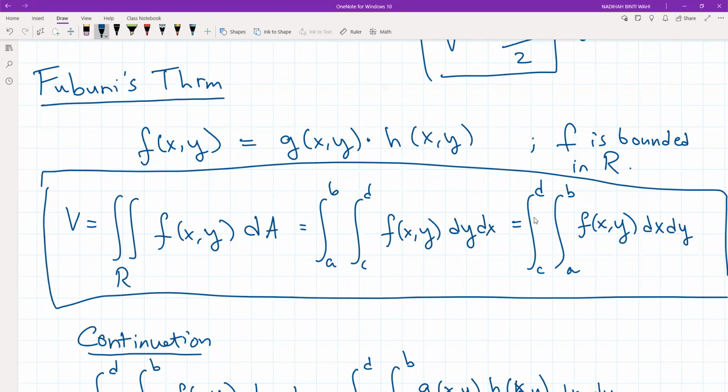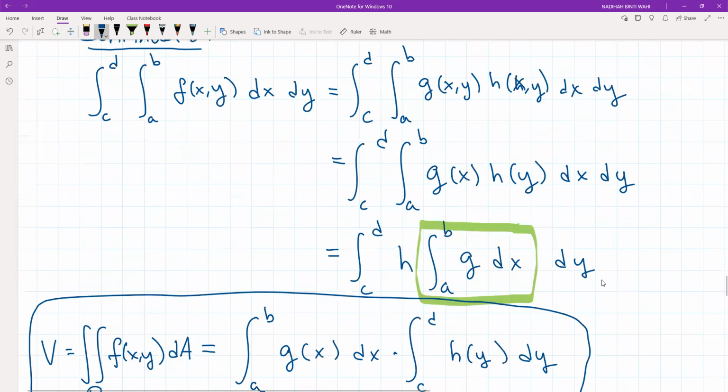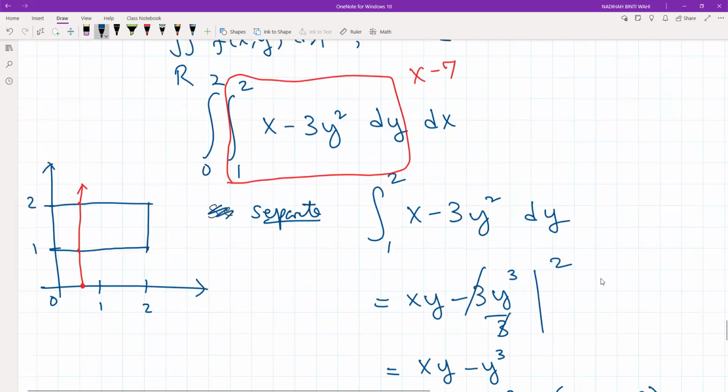So saya harap awak dah, benda ni pun saya untuk peringatan, mungkin awak tak ingat, yang awak belajar dalam calculus 1. Okay, so that's the fundamental of calculus, the difference between those two. Okay. And then we do some examples.